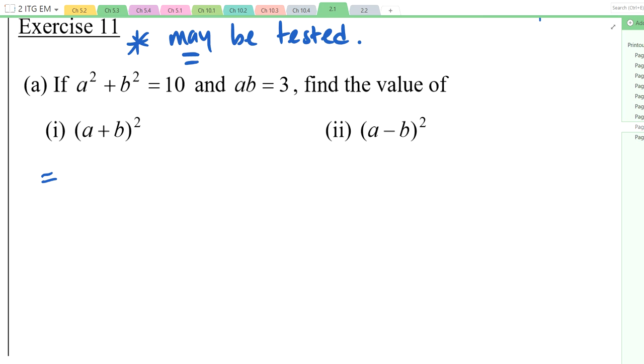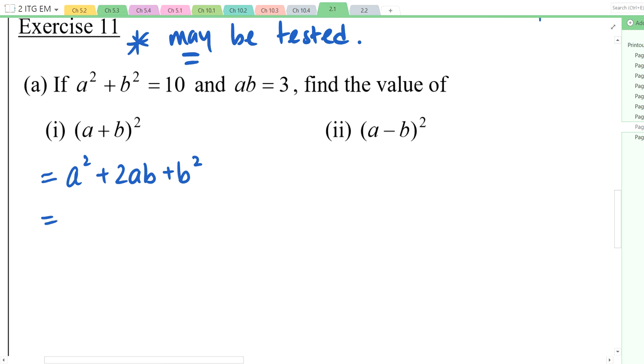A plus b squared. What is the first thing you can do with it? What can we do with a plus b squared? Change it. The correct term is called expand. We expand it out. We remove the brackets and the square. So what do we have? A square plus 2ab plus b square.